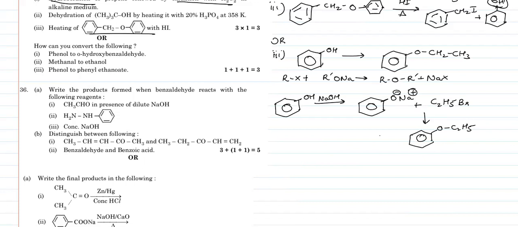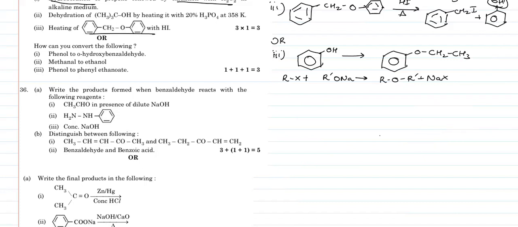The next one is question number 36. We have A, and we need to solve the A of the odd question as well. So we need to write the products formed when benzaldehyde reacts with the following reagents. So benzaldehyde, we quickly write the formula, C6H5CHO. This undergoes a reaction with CH3CHO in the presence of dilute NaOH.